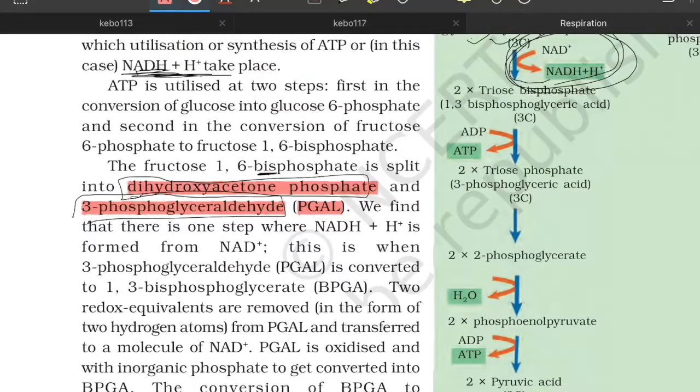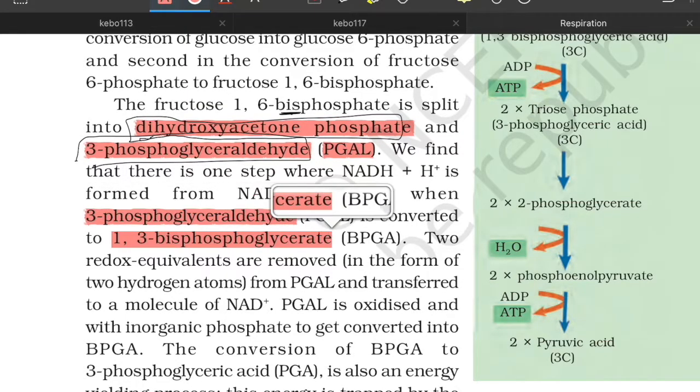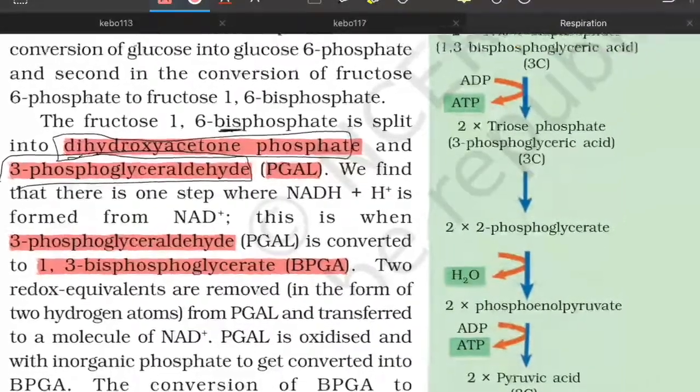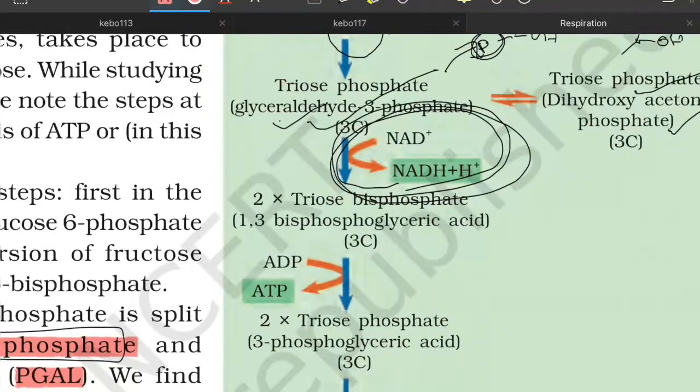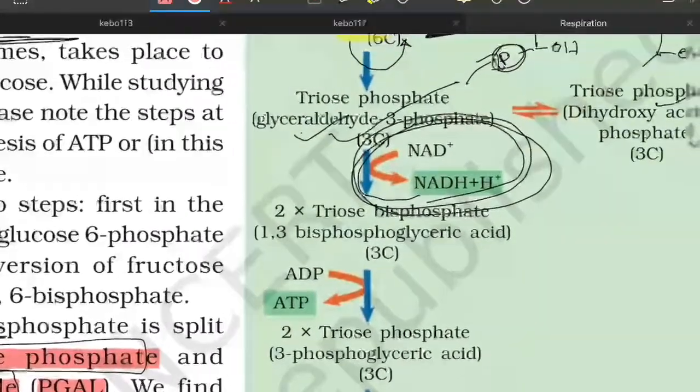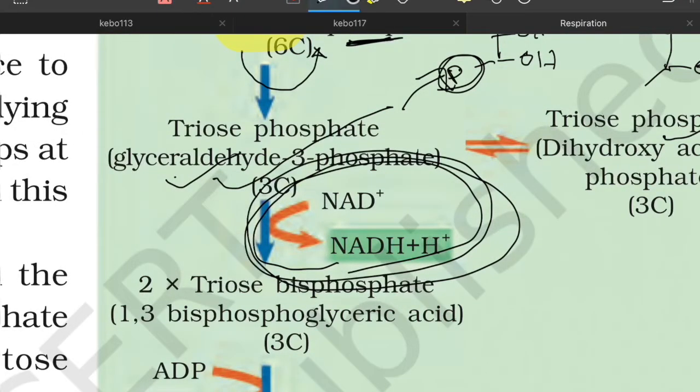We find that there is one step where NADH is formed. This is when 3-phosphoglyceraldehyde, PGAL, is converted into 1,3-bisphosphoglycerate. NADH is synthesized, but along with that, an inorganic phosphate molecule is added. They have not given this in NCERT. But it becomes bisphosphate, and there are 2 molecules, which means there are 4 phosphates.